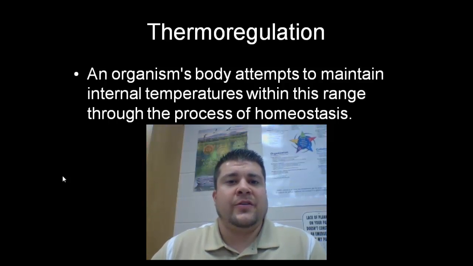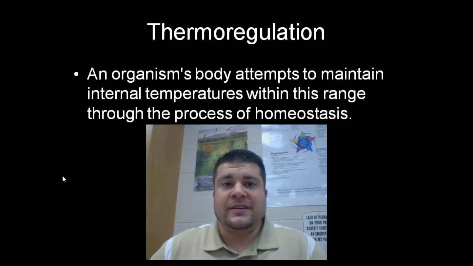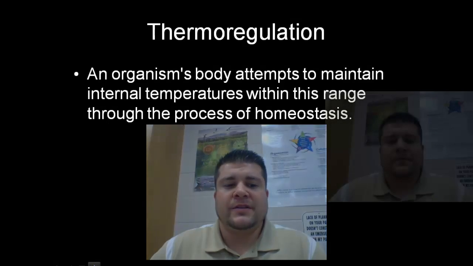I know we've talked about this in class, but you might shiver if you're cold, and that's going to excite your muscles and create some heat. Or if you're too hot, you might sweat, and that would try and cool off your body by using water. There's some other ones that we've talked about in class, but those are the two main ones.